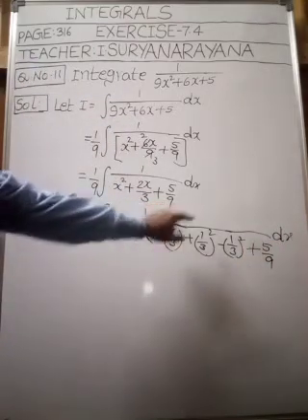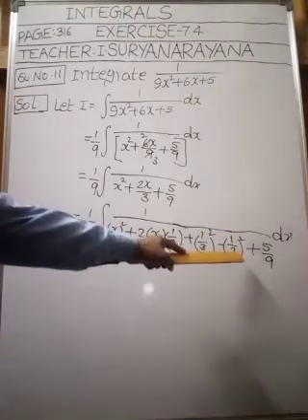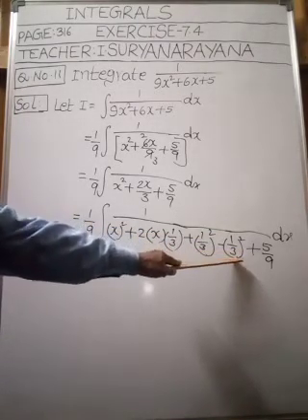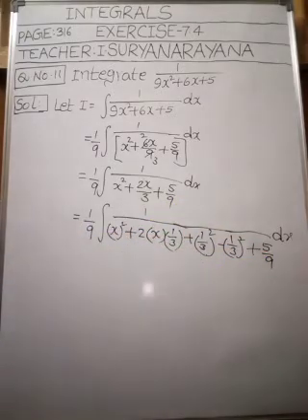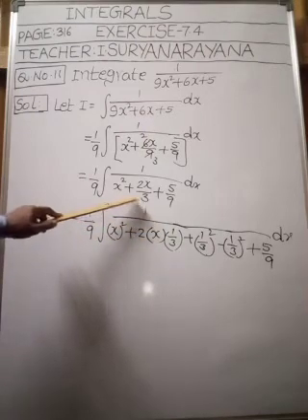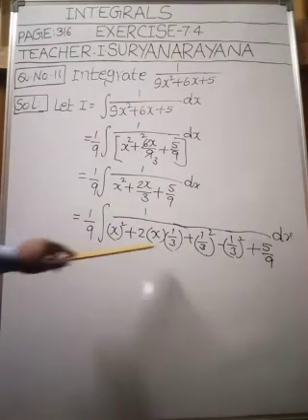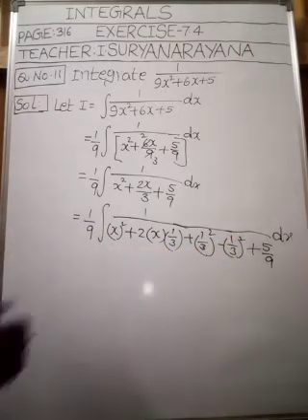Okay, my children, understood this step? I added 1 by 3 whole square and subtracted the same number. Okay, my children, plus 5 by 9. I wrote this last term as it is. Okay, my children, to make this quadratic expression as a perfect square, we added this term and subtracted the same. Okay, my children, right.